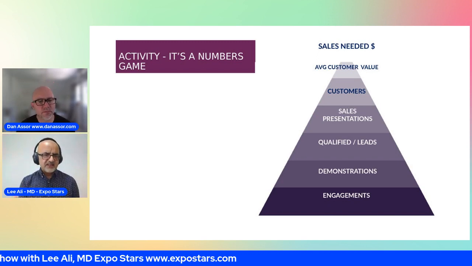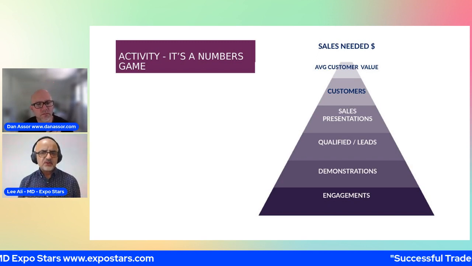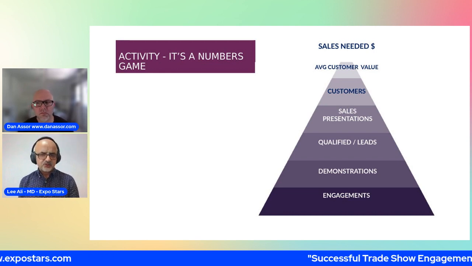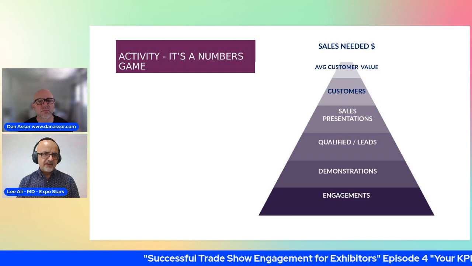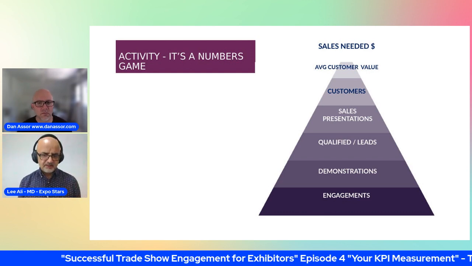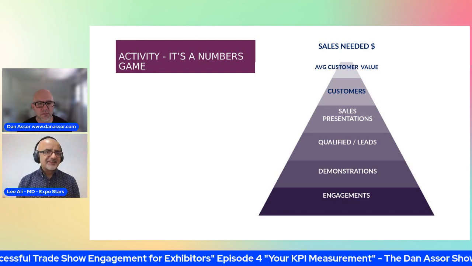So the activity plan is for when a business is going to a trade show to generate new business. There are obviously very high level brands, for example. I don't think Apple would go through this process.